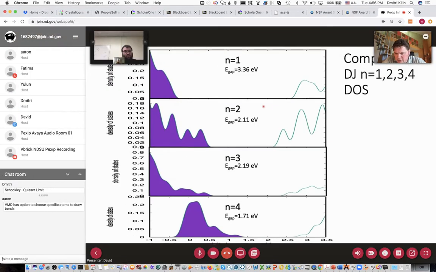add ISIF equals 7 into the INCAR and do one more round of optimization. So it should contract or expand. That's the one that contracts the size, right? Yes, yes.